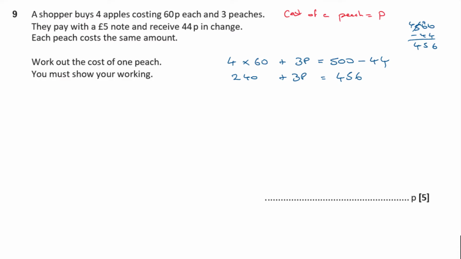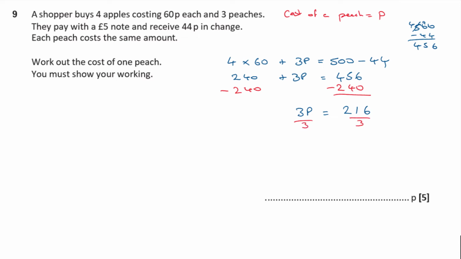Okay, so then taking 240 away from both sides. What's that then? So that's going to give me 6 take away 0 is 6, 5 take away 4 is 1, 4 take away 2 is 2, 216. And then that's going to be equal to 3p. So if I want p, I'm going to have to divide that by 3, aren't I, both sides?